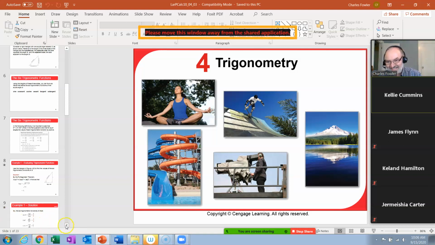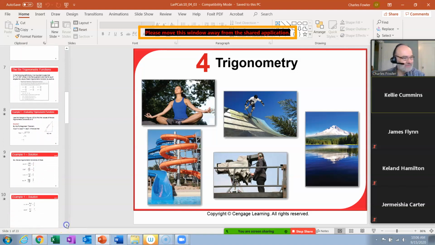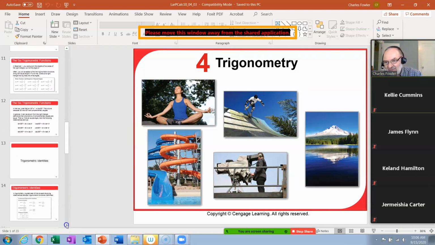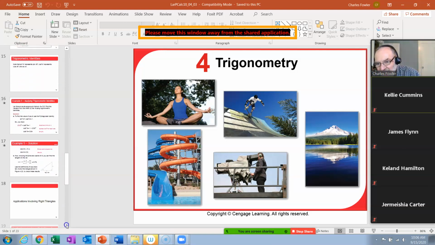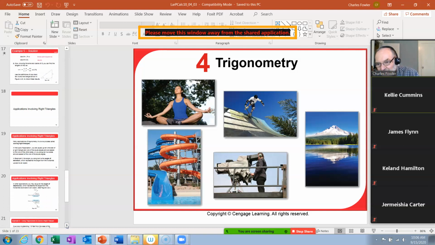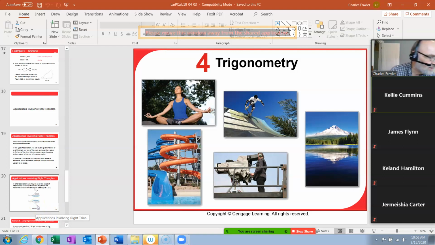All right, so we're on example 7 on page 281. Let's see if I can work my way down to it. That's example 8. Okay.